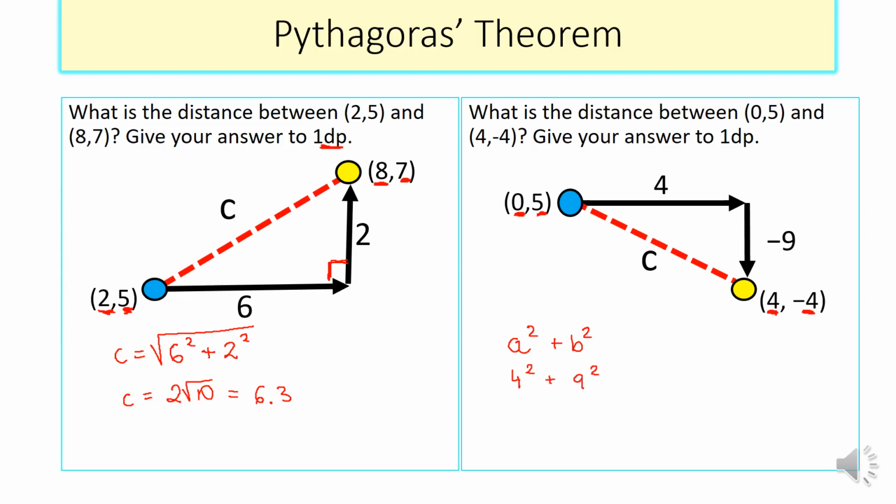And now I put 9 instead of -9 because the distance between the 2 points is 9. This minus just shows that it goes down, okay? But the distance is 9 units. And remember, to find the hypotenuse, I'll have to then square root at the end. So I get square root of 97, which is 9.8, again to 1 decimal place.